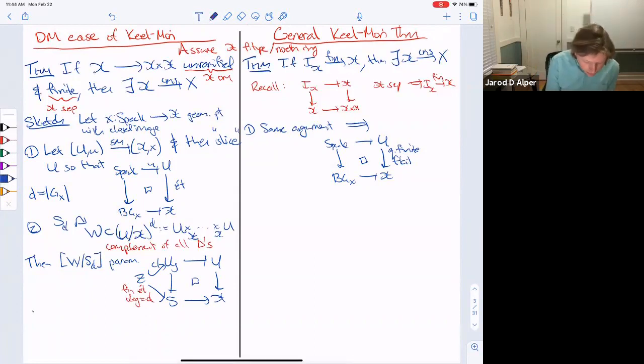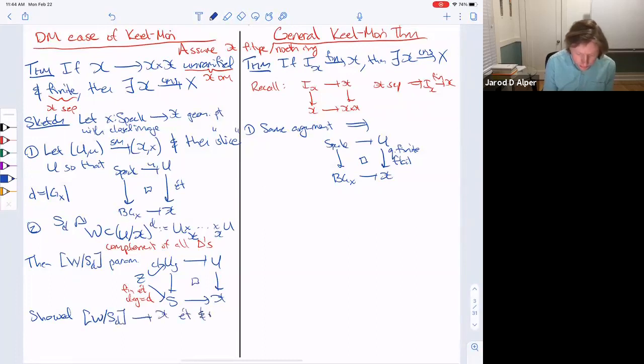And then what we showed was that the map from W mod S_d to the stack X is étale and representable. And moreover, that there was a point in W mapping to X, inducing an isomorphism of automorphism groups.